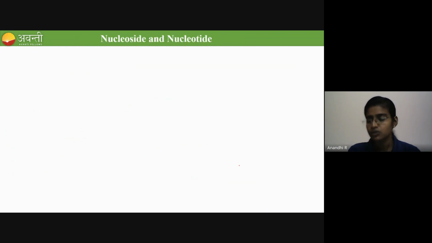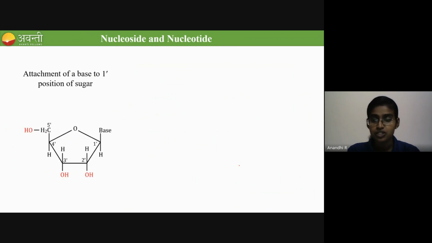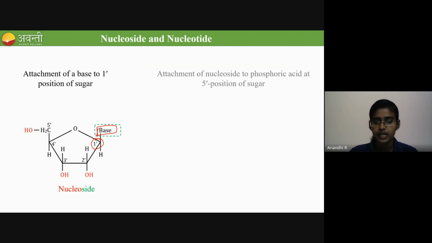And coming to the next part, which is nucleoside and nucleotide. The nucleoside is the attachment of a base to the 1' position of the sugar. You can see here, the first carbon of your sugar molecule is attached with the base. And if a system has only sugar and base, it is called a nucleoside.